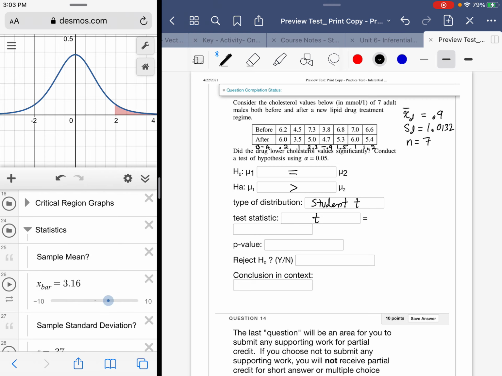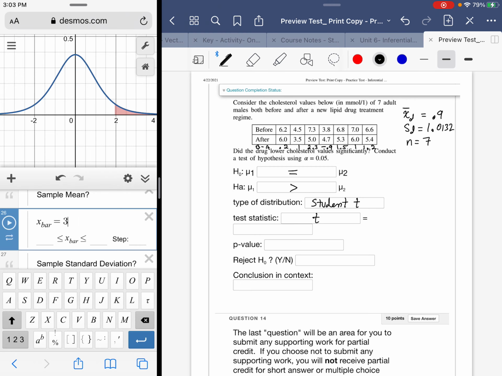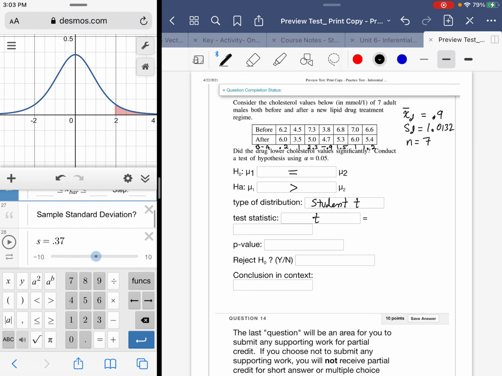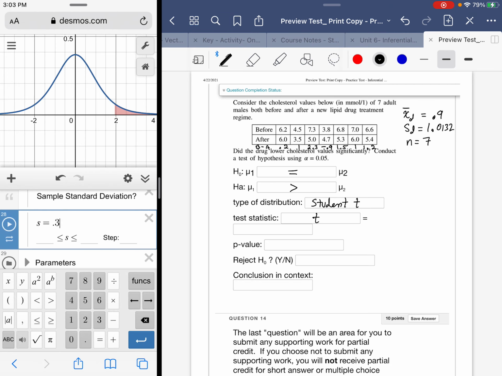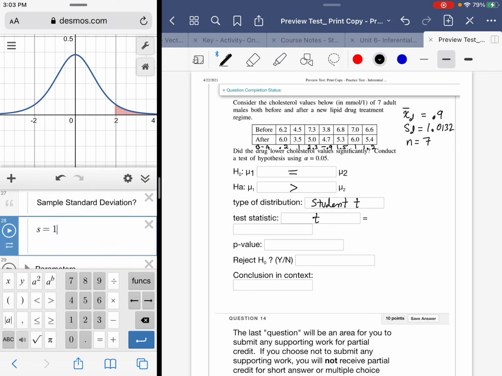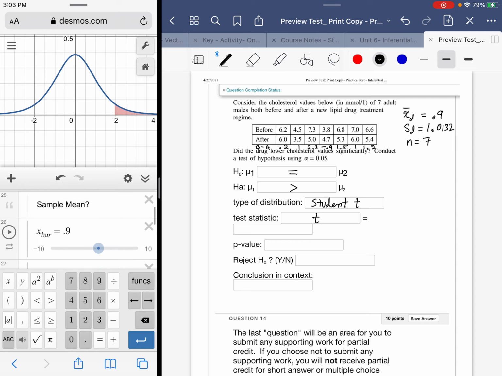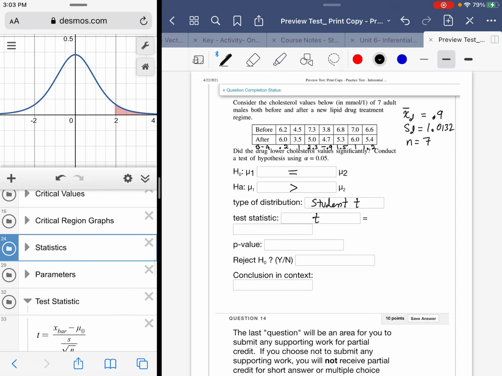My statistics: 0.9 and 1.0132. The parameter should be 0, right? Because if there's equality, that suggests that the difference between the population means is equal to 0. So I put in a parameter of 0.